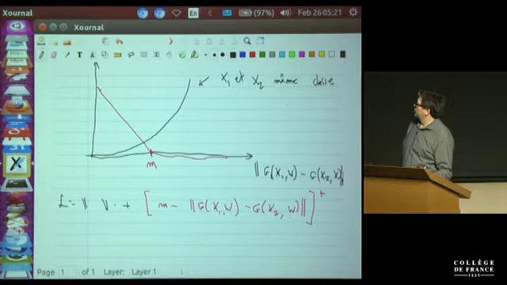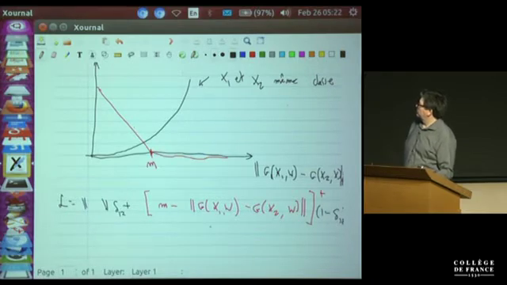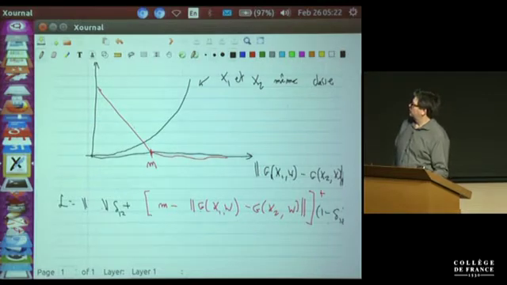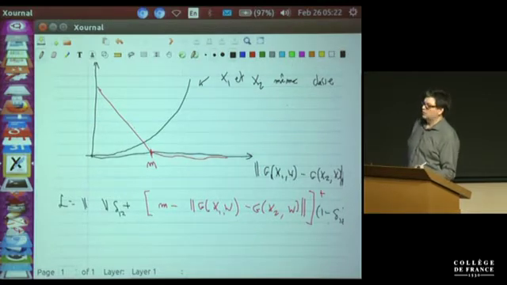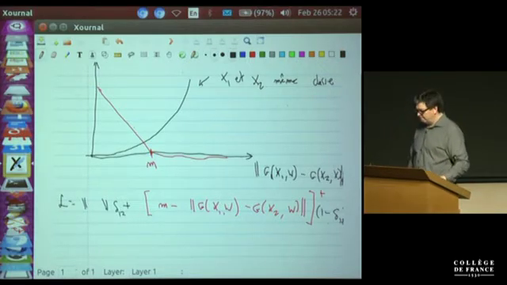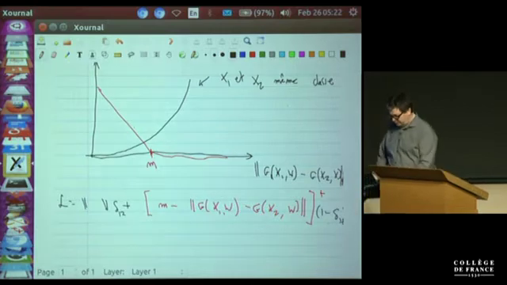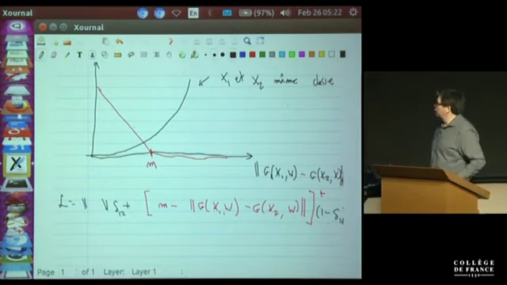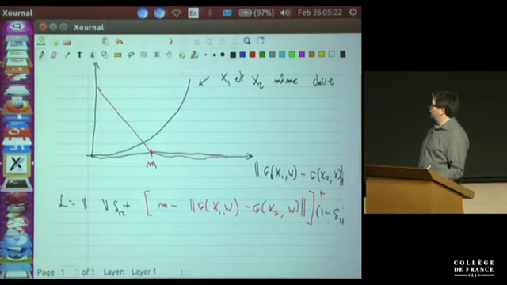We have two coefficients in front indicating whether x1 and x2 are of the same class or not. So delta 1,2 tells us if x1 and x2 are of the same class. If they are, we activate this term, or otherwise this other term, and you calculate the gradient of this. Nice and easy. This is the Dr. Lim cost function.